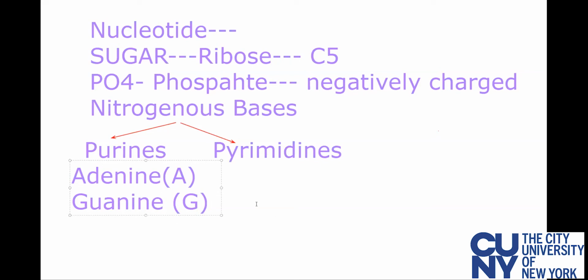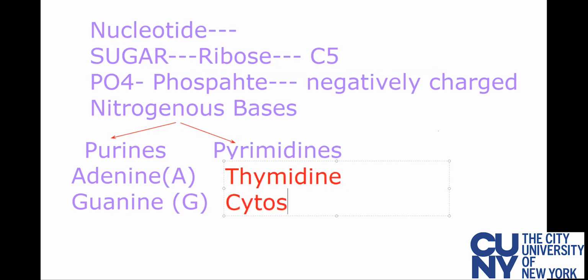Okay. Now, what are pyrimidines? Pyrimidines are thymidine and cytosine. In the case of RNA, there is no thymine or thymidine.